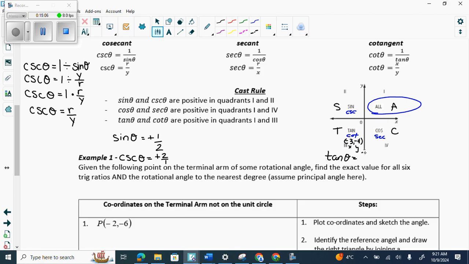So it would be -4 over -3, which means that it's going to become positive. Yes? Cotan would be -3 over -4, which is positive. Yes? The other ones we're going to have to get the radius for. And your radius is a length of measure, so it'll always be positive. So if I do x divided by the radius, it would be -3 divided by the radius, which is 5.